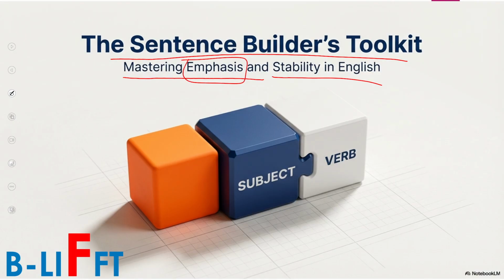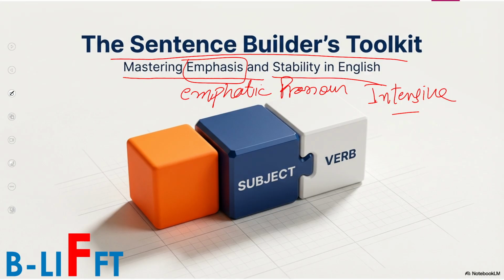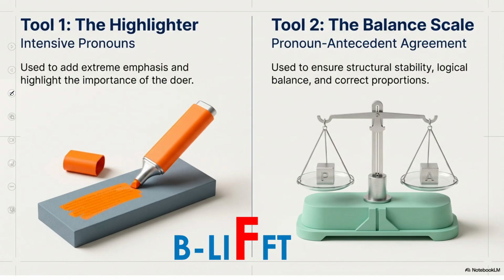Emphasis means emphatic pronoun or intensive pronoun. Intensive means emphasize. Now move next. Intensive pronouns are used to add extreme emphasis. They are used to give emphasis or stress and highlight the importance of the doer. Doer means subject. It highlights the importance of the subject.